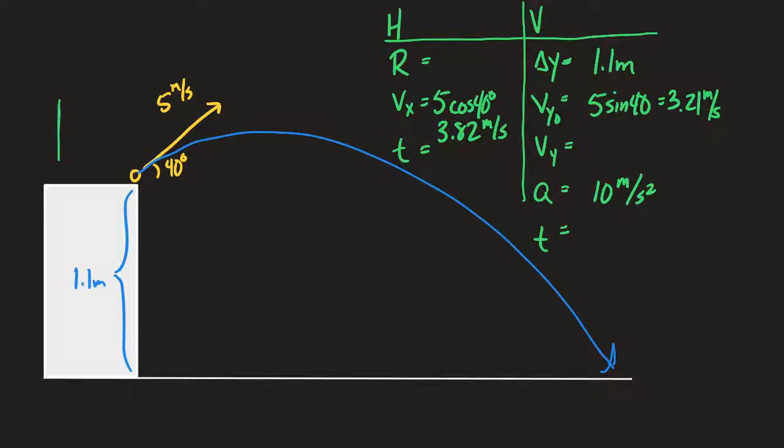If I choose upwards to be positive and to the right to be positive, then delta y is negative, the acceleration of gravity is negative, my initial y velocity will be positive, and my initial x velocity will be positive.